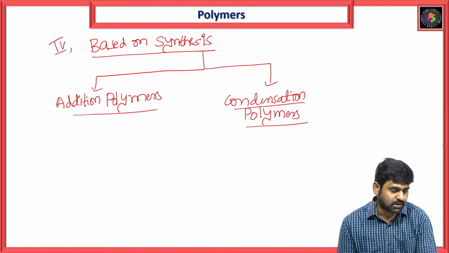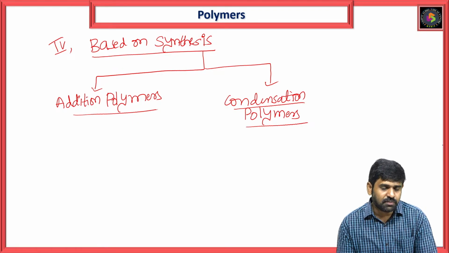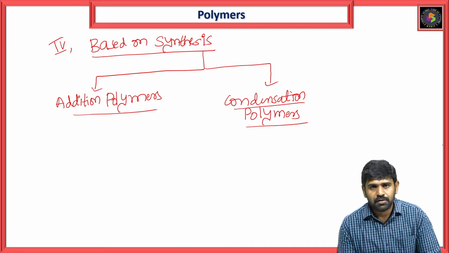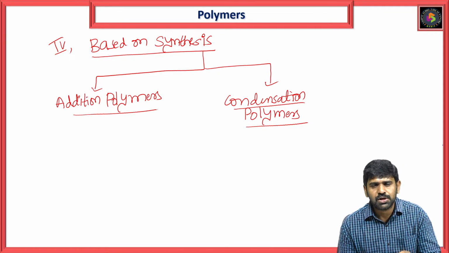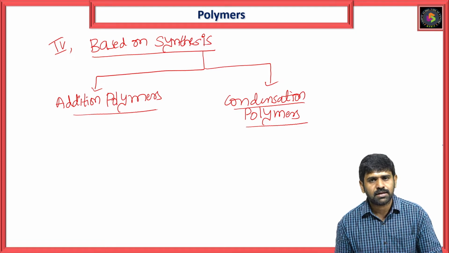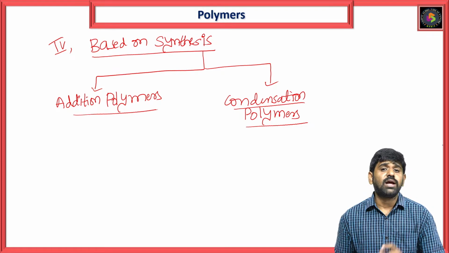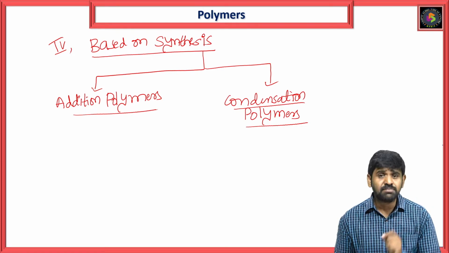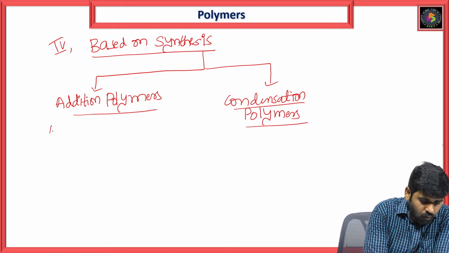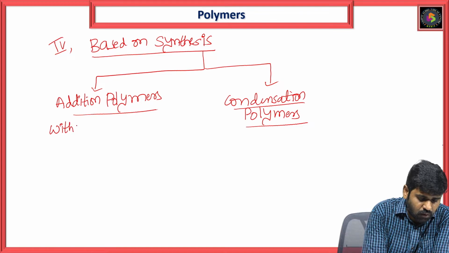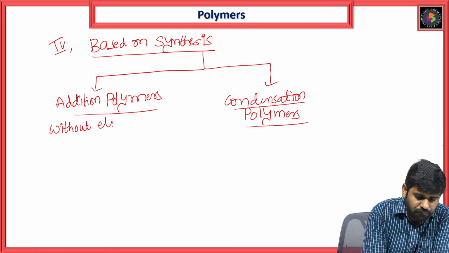Addition polymers are formed by the polymerization of monomers without elimination of atoms or groups, right?